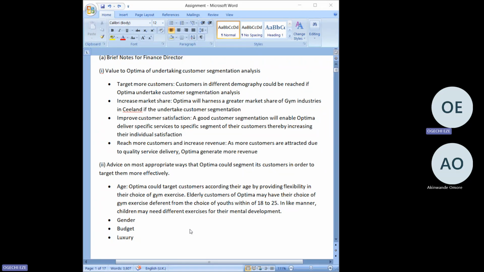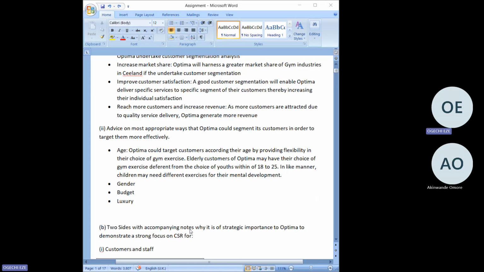It will help them to get more customers from different demographics, maybe from different age brackets or people that want luxury goods, premium services, and all that. So when they segment it like that, they'll be able to reach the vast majority of the customers at a time.